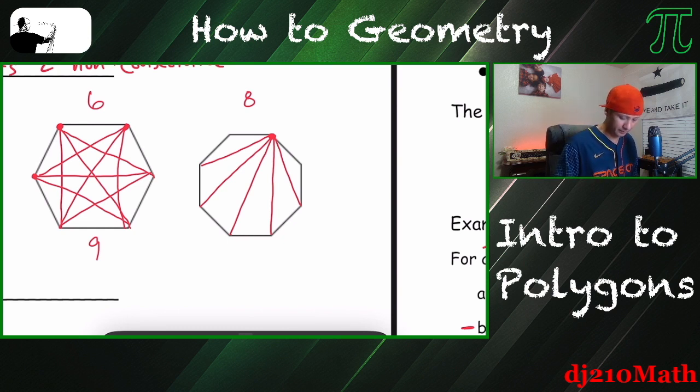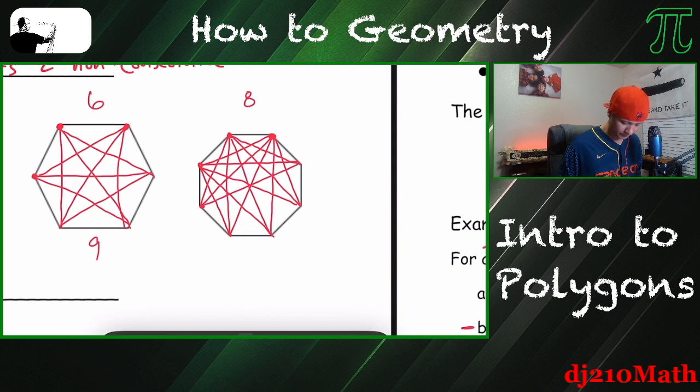So 5, 6, 7, 8, 9, 10, 11, 12, 13, 14, 15, 16, 17, 18, 19.